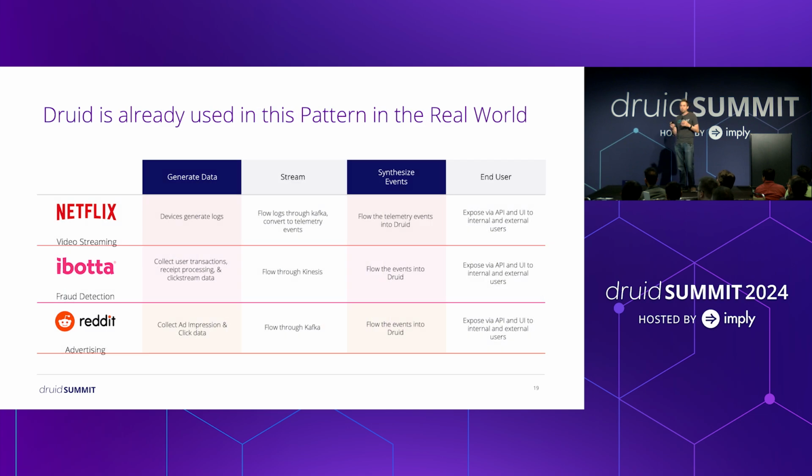But in the meantime, this decomposed database pattern, anybody who's using Druid, and all of the examples that I've provided, they're pretty much already using this pattern. Netflix has data flowing into a stream. From there, it flows into storage, flows into Druid, exposed to the end world. They have that three-pillar pattern of the decomposed database. Ibotta, basically the same thing. Reddit, basically the same thing.